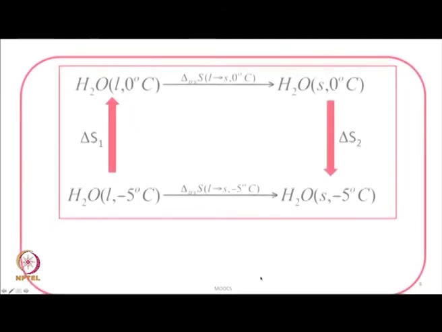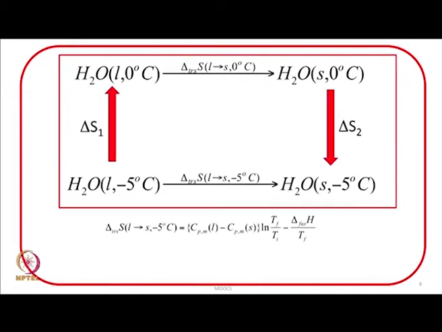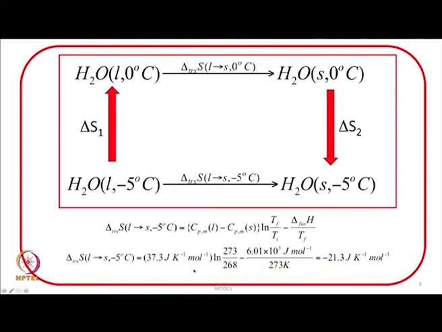Now, what we will do is we will add up all the three, and if you add delta S1 plus delta S2 plus this, we end up with this relation as we just derived in the previous two slides. Substituting the numbers, this information is given to us: 37.3 joules per Kelvin per mole. Tf, the freezing point, is 273 Kelvin.